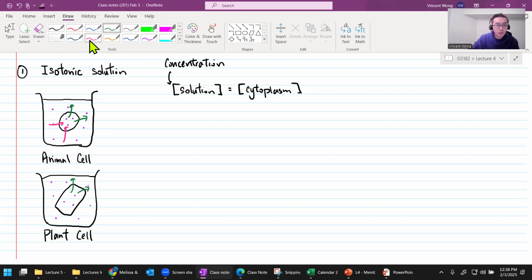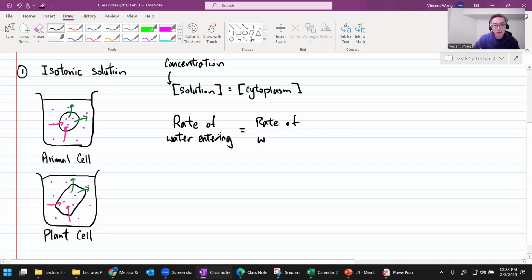Okay, so the rate of water entering the cell equals the rate of water leaving.